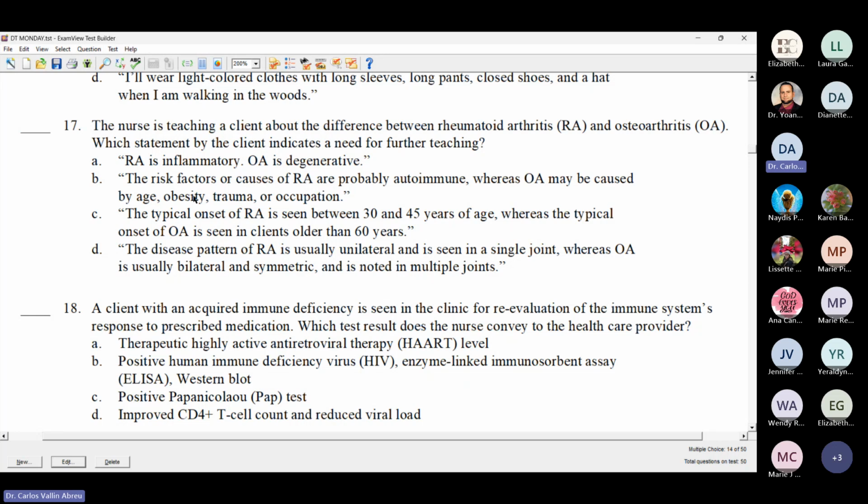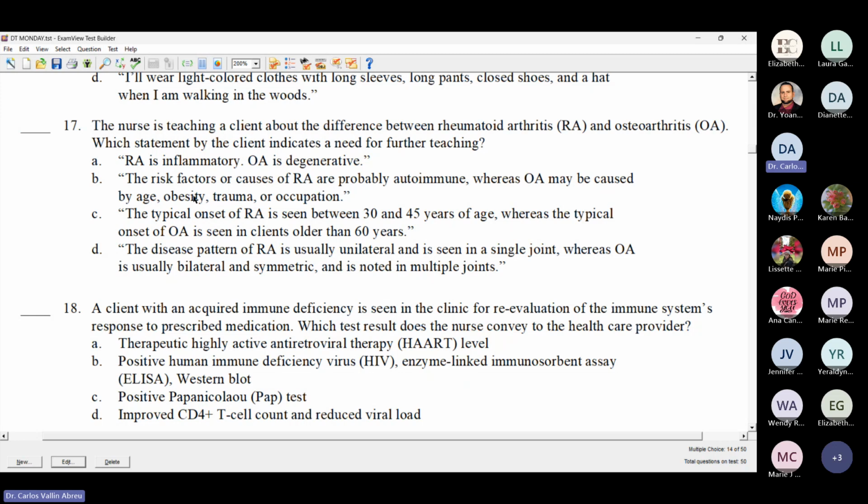A trauma can damage the cartilage, and for occupation, I can imagine a pianist, okay? A pianist is going to have wear and tear of the joints of the hands sooner than another person. Okay, very good.